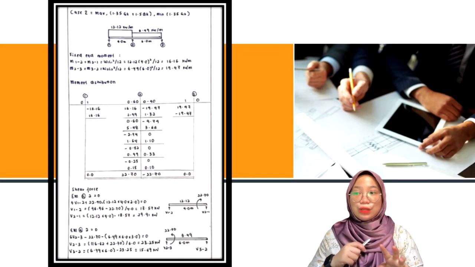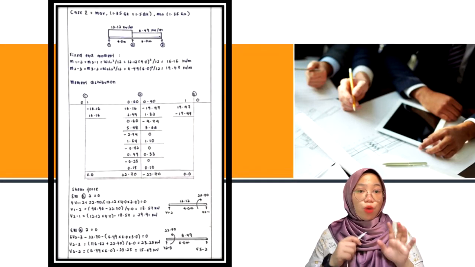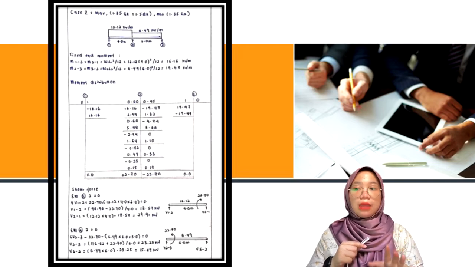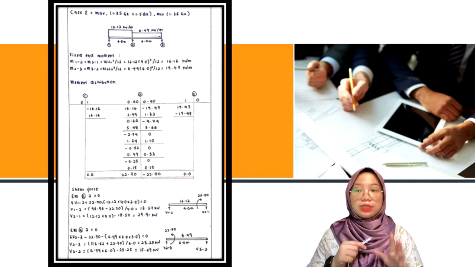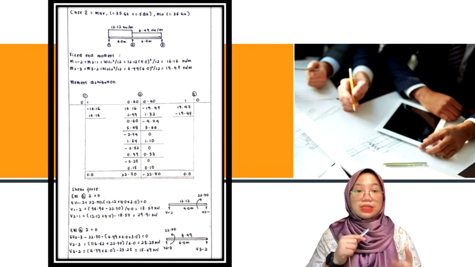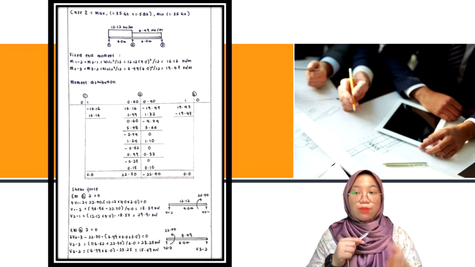Case 2 is maximum 1.35 GK plus 1.5 QK, minimum 1.35 GK, according to the diagram. Next, we calculate the fixed end moment. For moment 1 to 2 and moment 2 to 1 it is 16.16 kilonewton meter, while for moment 2 to 3 and moment 3 to 2 it is 19.47 kilonewton meter.